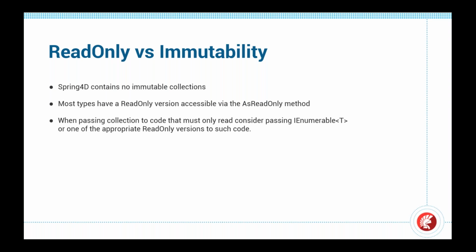And then you should consider just passing the read-only version of that list or that dictionary to some code. That doesn't mean that your code automatically becomes thread safe in case some threads might add items to the list and the other thread just reads them. But it ensures that code that should not add to the list or remove from it cannot actually do it.